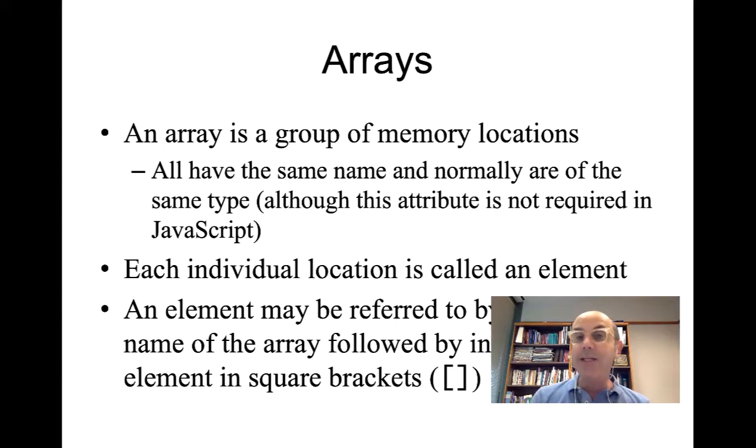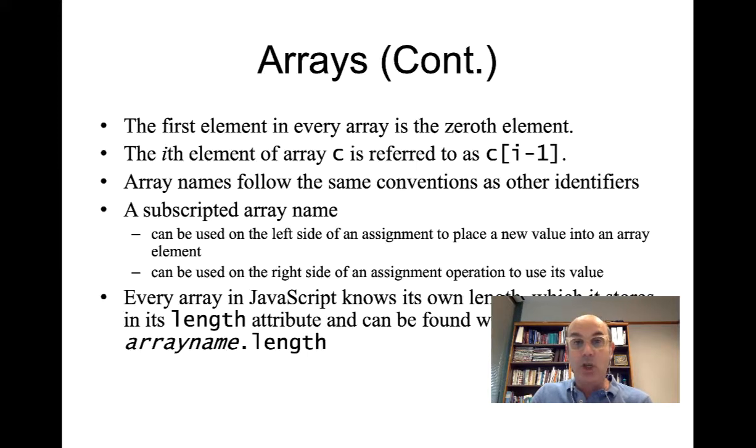So an array is a group of memory locations. It can be a name, an object, or anything that you define, and you usually define it with brackets in order to keep it in memory inside your browser so that it can be executed.